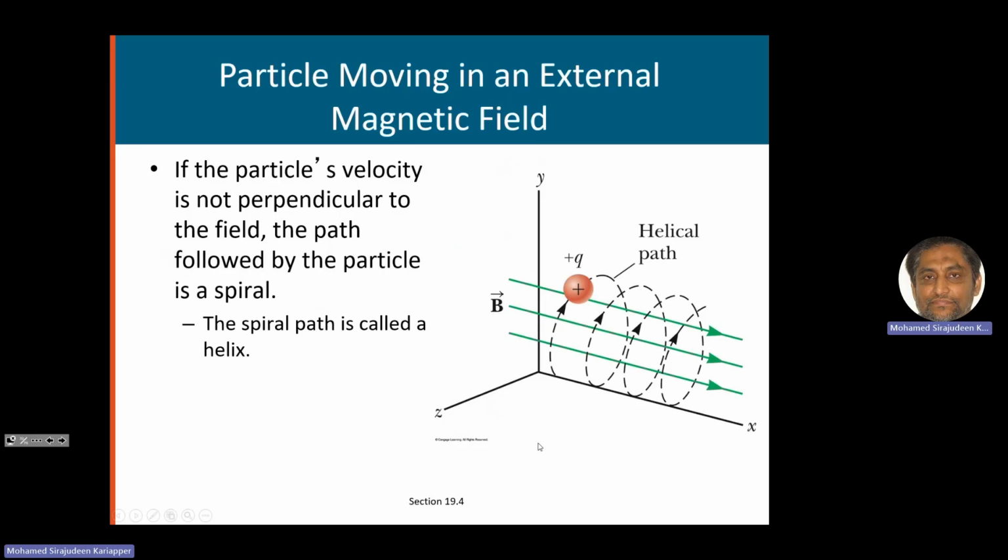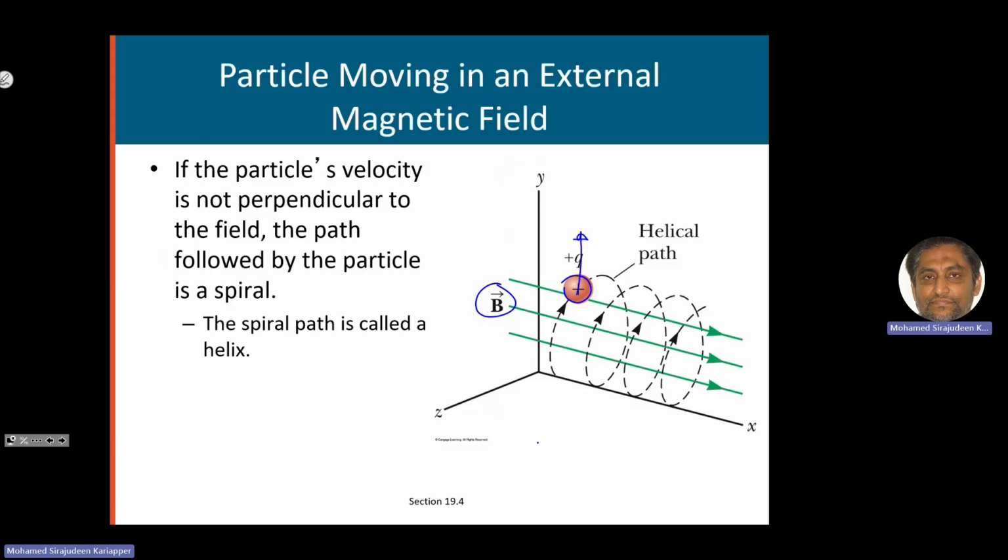Now let's see, what if the charged particle has a velocity not perpendicular to the magnetic field, it also has a component parallel to the magnetic field, like here. So what we have here, along the x-axis, we have a magnetic field. And this charged particle has a velocity parallel to the magnetic field, and also perpendicular to the magnetic field.